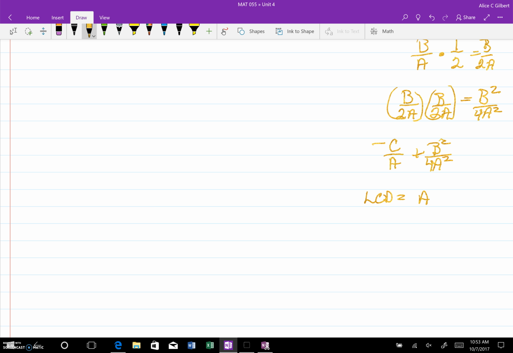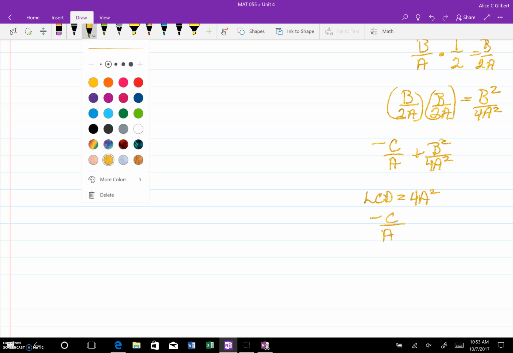That's my foundation. And then I look at 4a squared, and it tells me that I need a standalone 4 in my building, which I don't have yet. And it tells me that I have to have at least 2 a's in my building, and I have only 1. Okay, so now negative c over a.